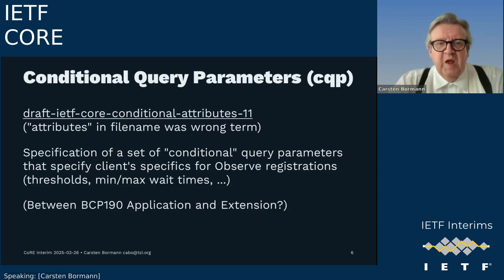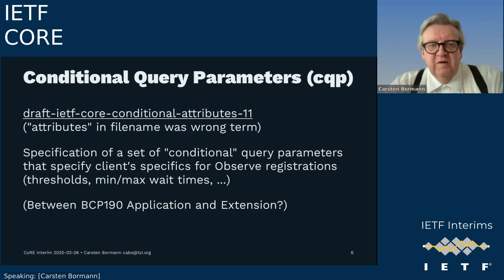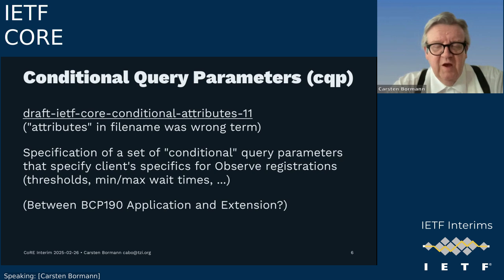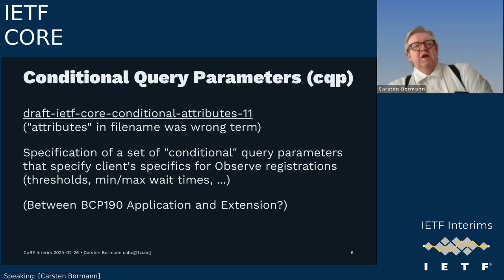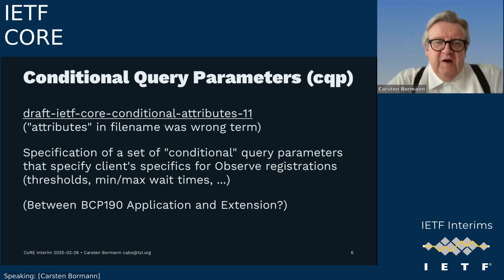Now we have one document, the document that has the misleading name conditional attributes. It really is about conditional query parameters, and I'm going to abbreviate this as CQP in the rest of the slides, which actually does specify a set of query parameters.